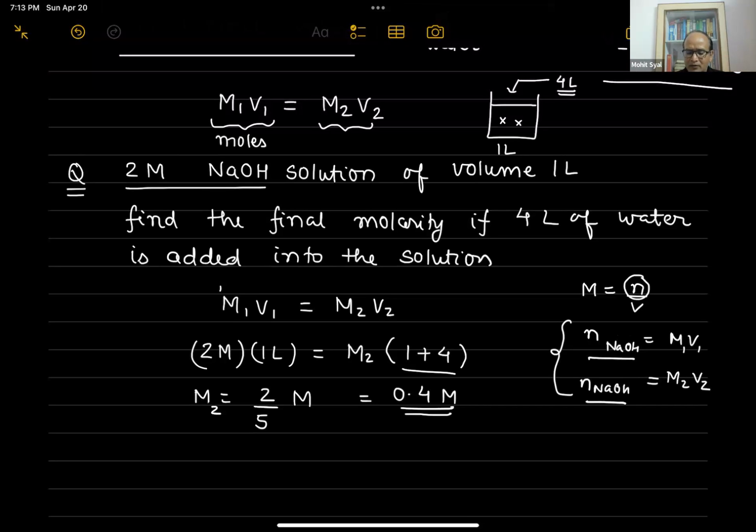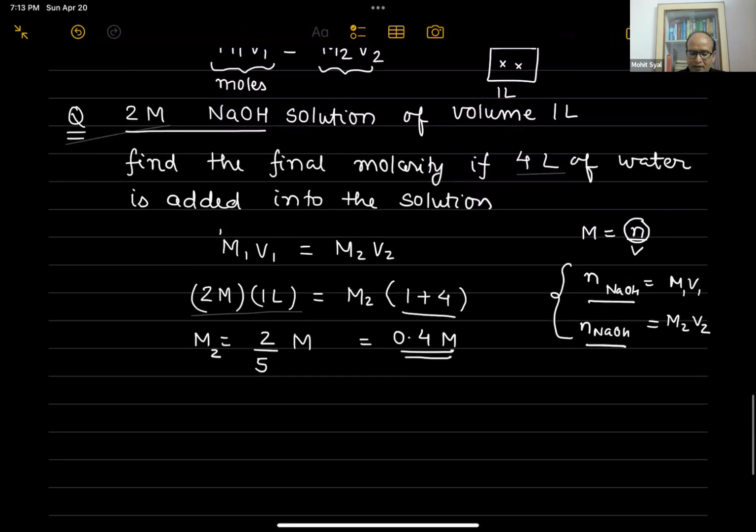So I hope this is clear to you. Okay, M1V1 equal to M2V2.